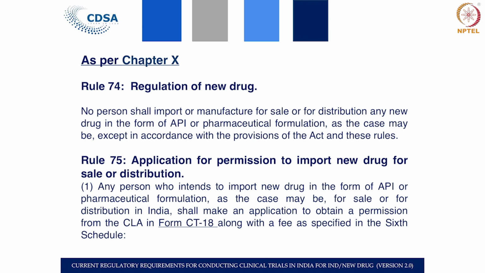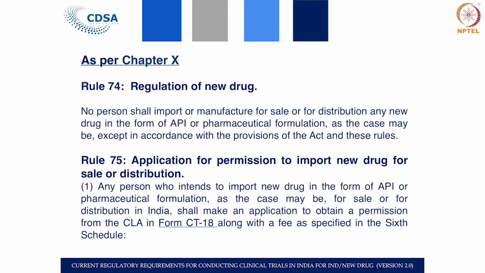As per chapter 10, we have general rules: rule 74, and rules 75 to 79, which deal with all the requirements for the import of the drugs for sale and distribution, while rules 80 to 84 have the requirements for manufacture of new drug for the purpose of sale or distribution.